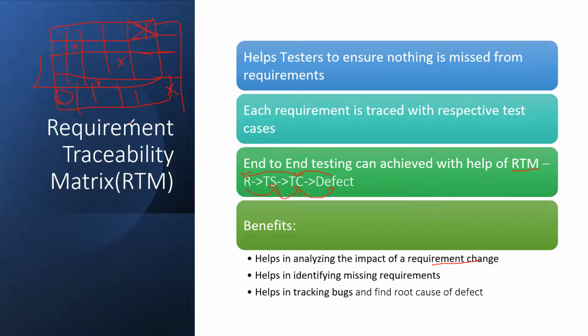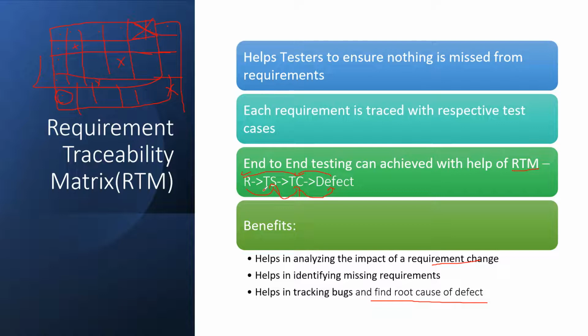If I have not written test cases for a requirement, that can be tracked. And it helps in tracking bugs and finding the root cause of a defect. We can backtrace the defect to the requirements and check why or where this defect is coming from.